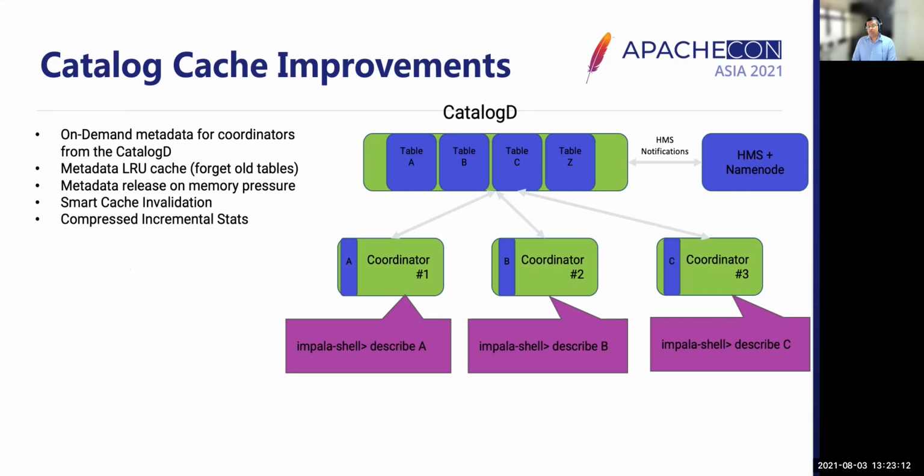So these improvements got us to a much healthier Impala state, but we decided that it needs to improve even further. What you see over here is something called metadata on demand.